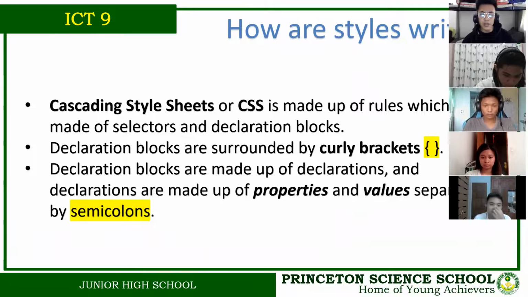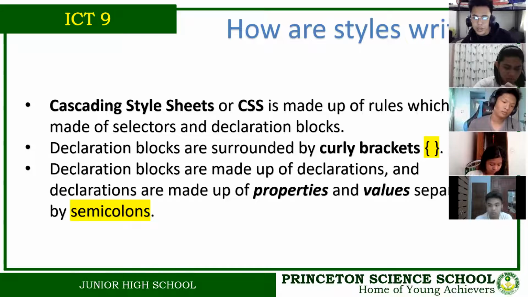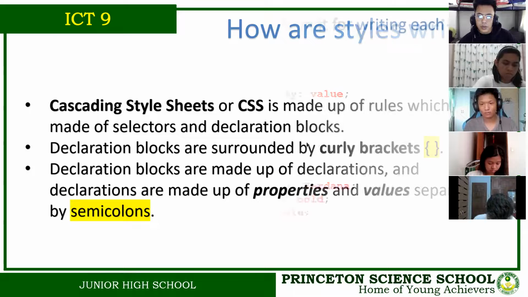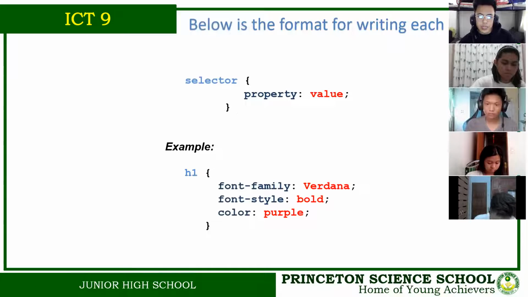So keep in mind the terms selectors and declaration blocks. Declaration blocks are surrounded by curly brackets. Declaration blocks are made up of declarations, and declarations are made up of properties and values separated by semicolons.